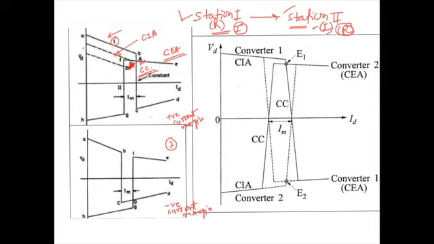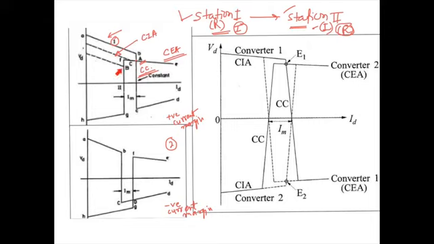Under normal condition, the operating point is A, where the rectifier is working in CC mode and inverter is working in CEA mode. Another operating point is C, where the rectifier is working in constant ignition angle mode and inverter is operating in constant extinction angle mode.